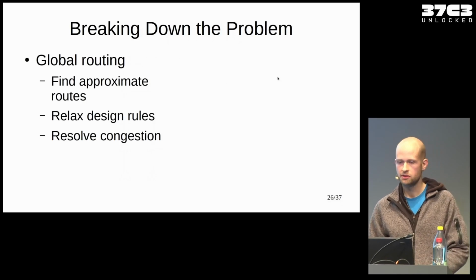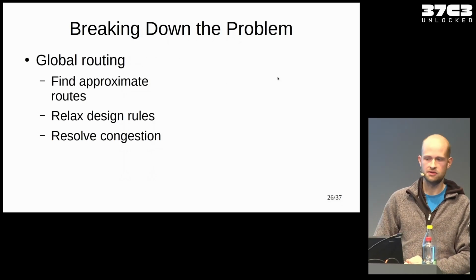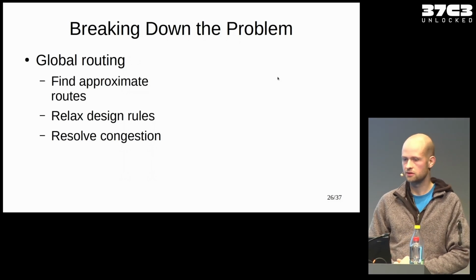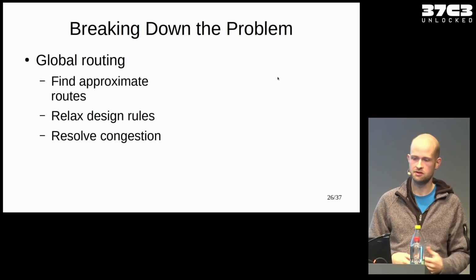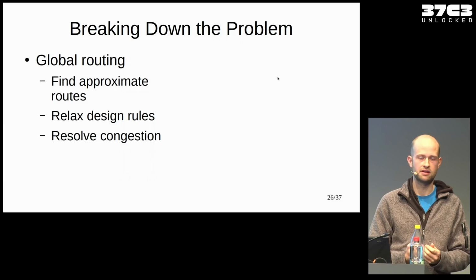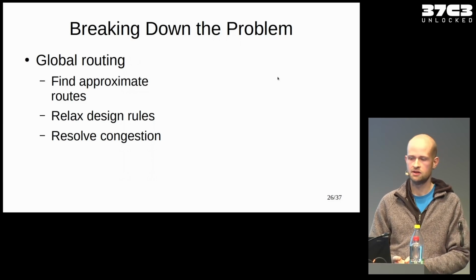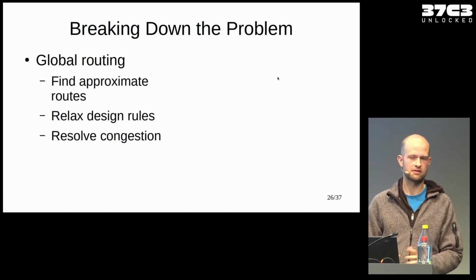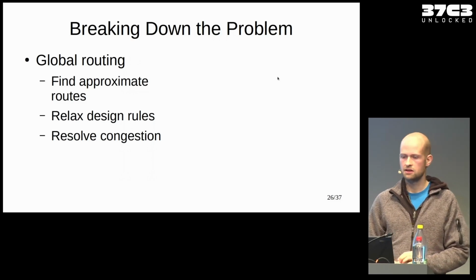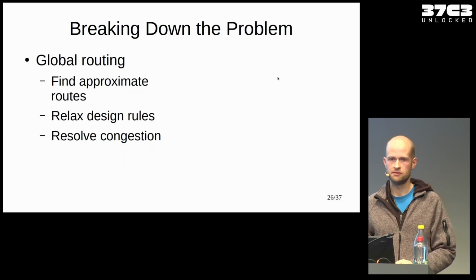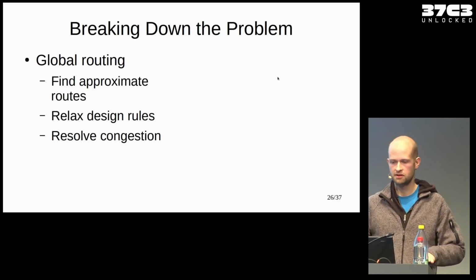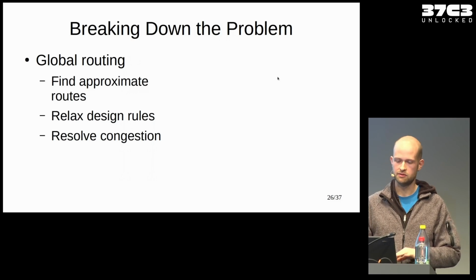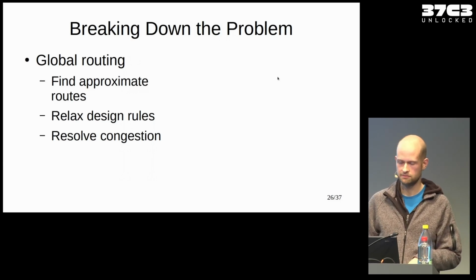Now, also the routing problem is good to break down into multiple steps, and often what people do is first global routing, where you find approximate routes, and during this step you can relax the design rules, you can kind of forget about them. And what you try is also to solve congestion, so you try to push signals away from regions which are heavily used.